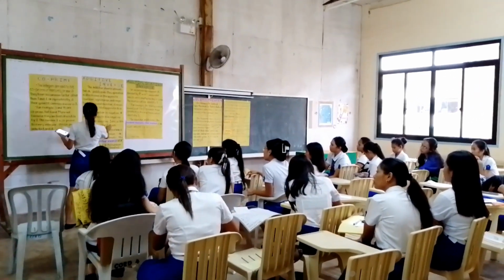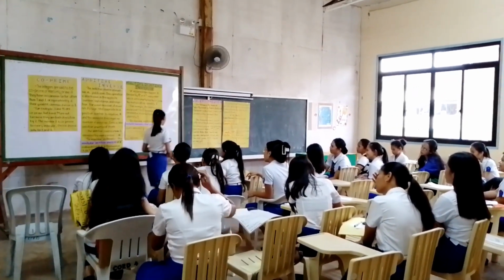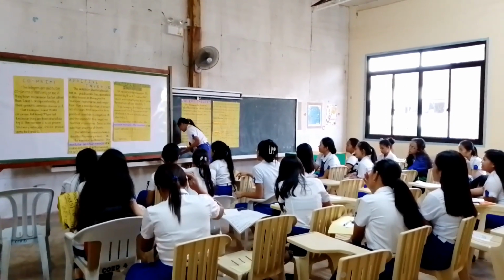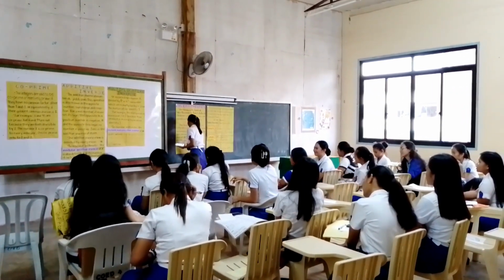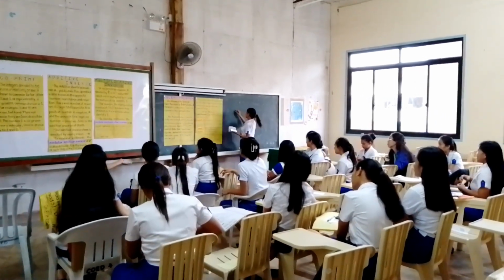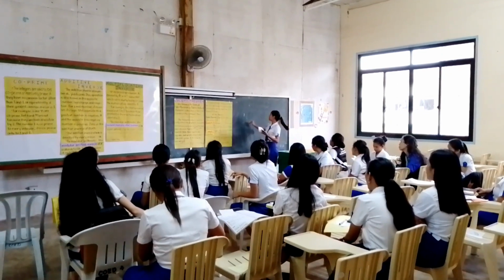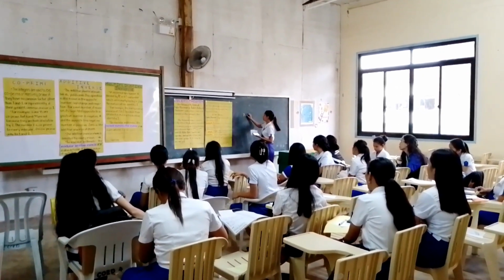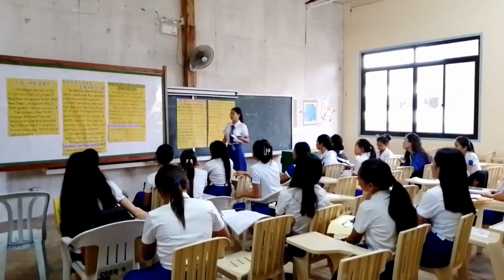So 0 is the additive inverse of itself. For example, the additive inverse of 7 is negative 7, so that it sums to 0.